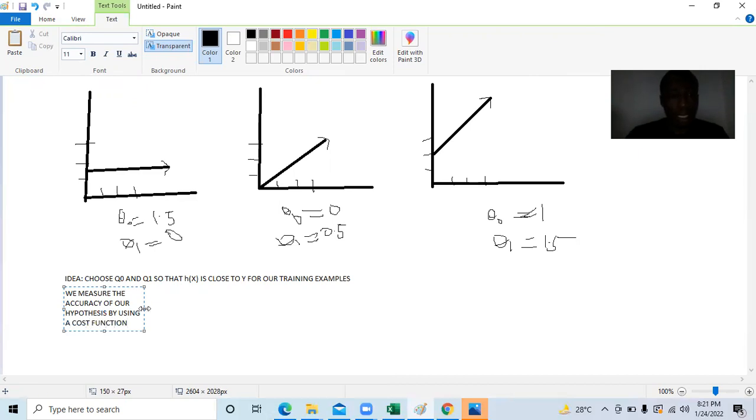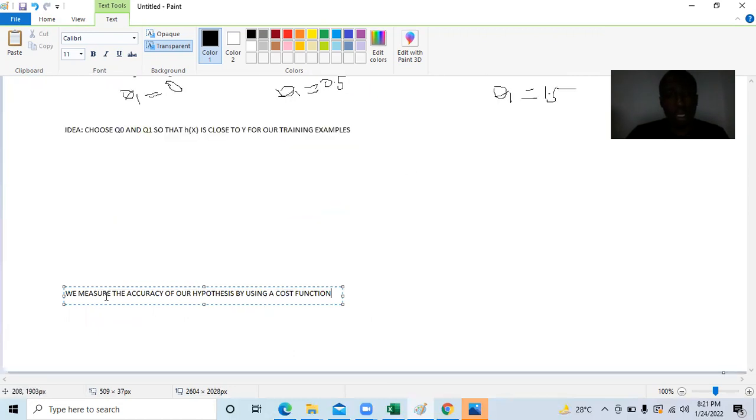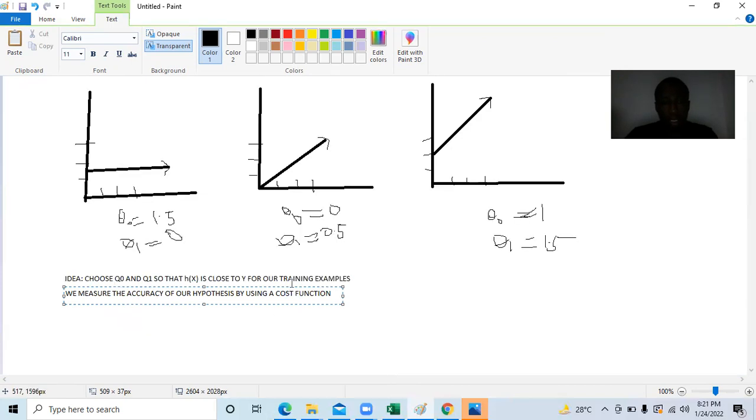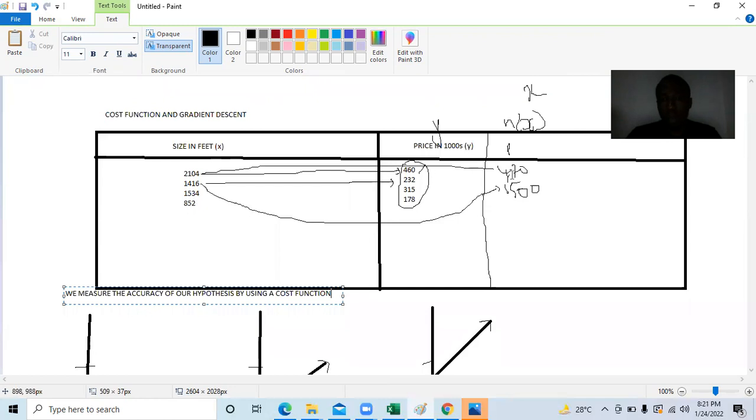So I'm basically saying that we measure how close our predicted variable is to our actual variable by using an algorithm called the cost function.